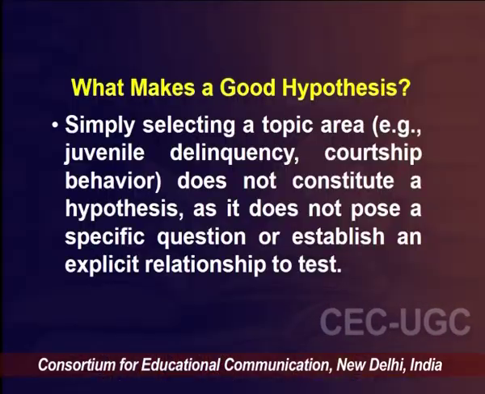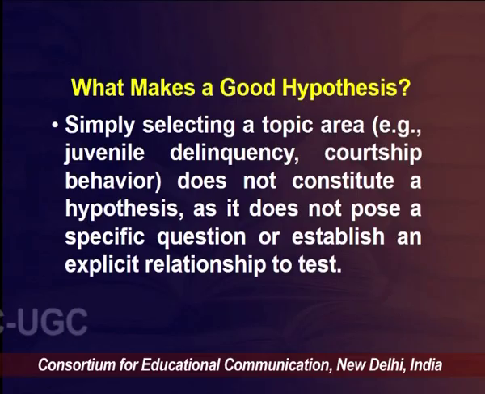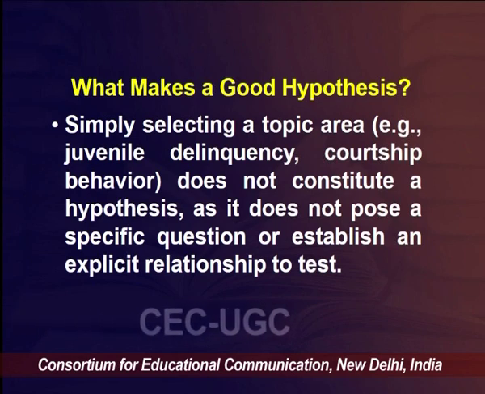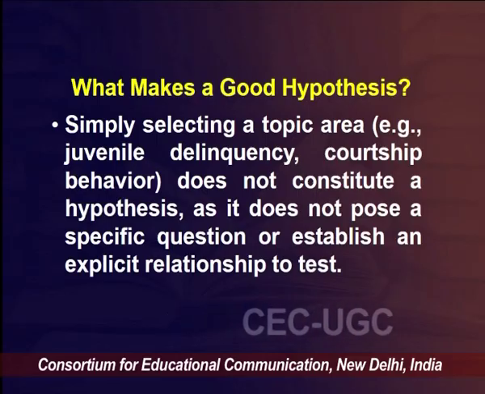Now, we know that a hypothesis is important. So, how do we understand what makes a good hypothesis? Simply selecting a topic area, for example, juvenile delinquency, courtship behavior, anything for that matter, does not constitute a hypothesis, as it does not pose a specific question or establish an explicit relationship to test.